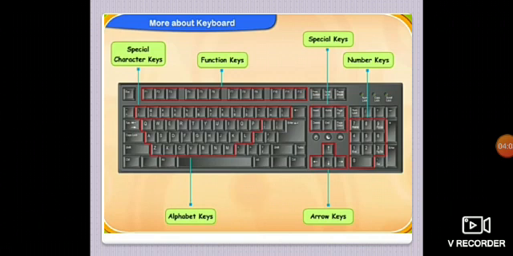Suppose you are doing something and you want to know something, you will press F1 for help. F5 is for presentation and we can refresh also. And F12 is to save the document. In this way the function keys help us work directly on the document.